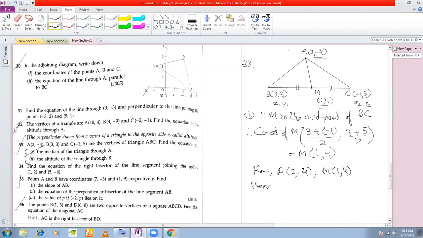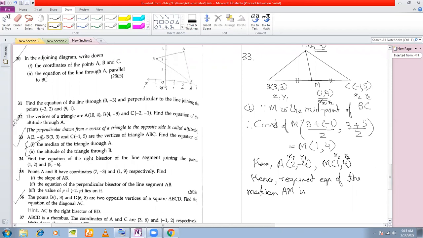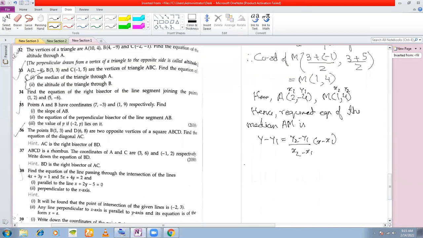Hence, the required equation of the median AM is, consider this as your x1, y1, this as your x2, y2, and use 2-point form. y minus y1 is equal to y2 minus y1 by x2 minus x1 into x minus x1. Put the values simply and you will get the equation of the median.